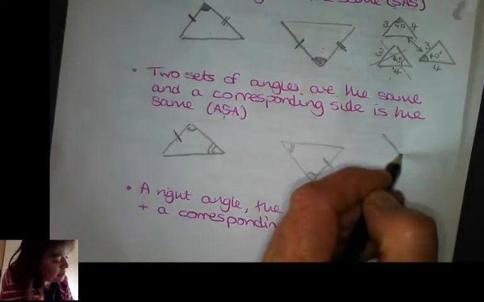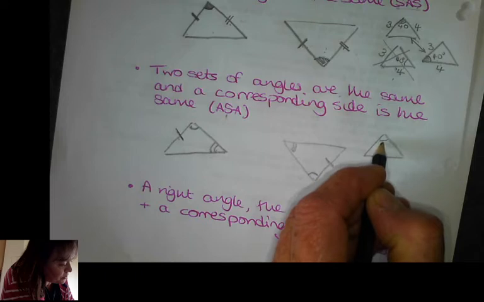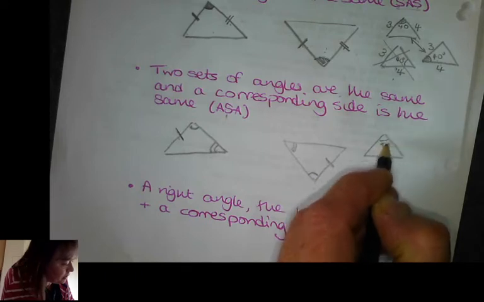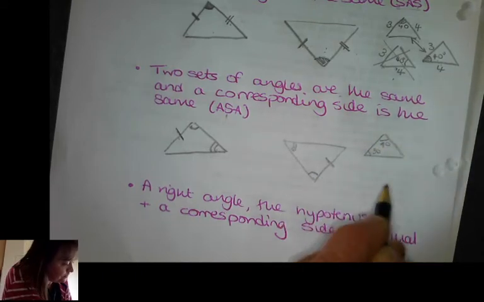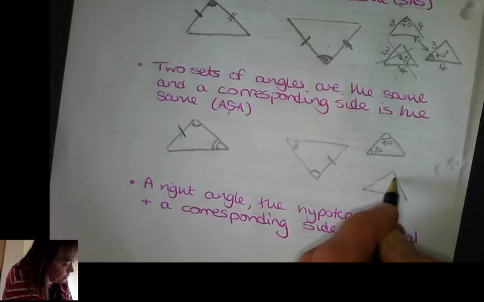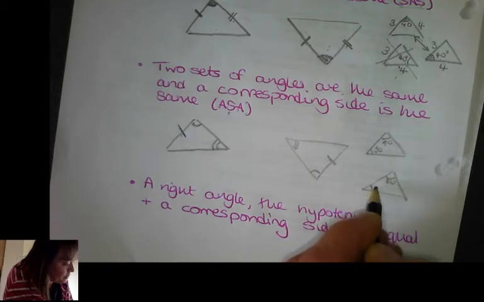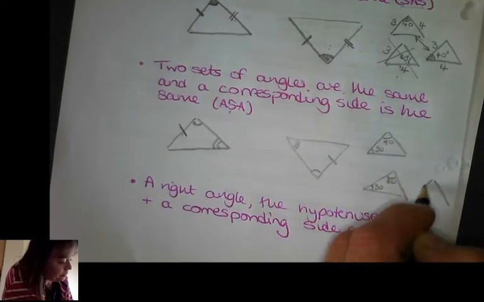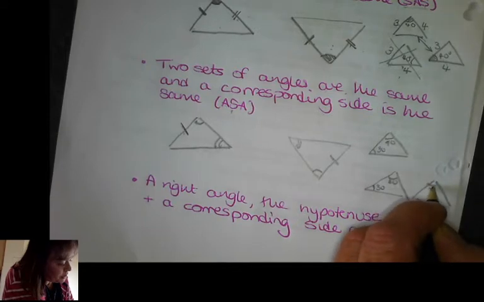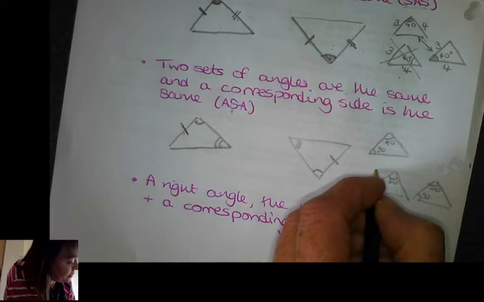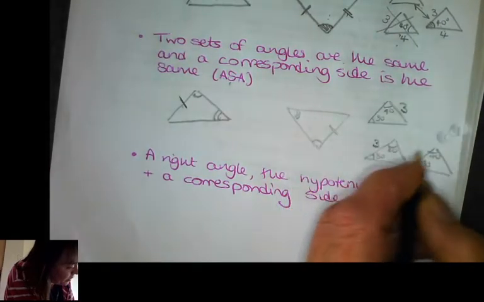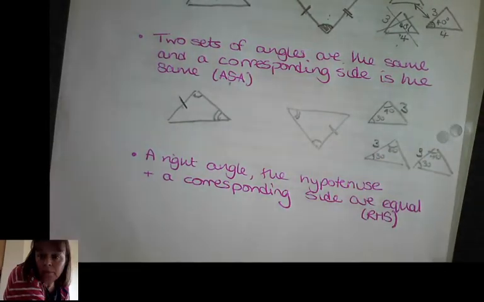Okay, so again, I'm going to give you a quick example. This one's 40, this one's 30, this one's 40, this one's 30, 40 and 30. Let's give you 3, 3, 3.